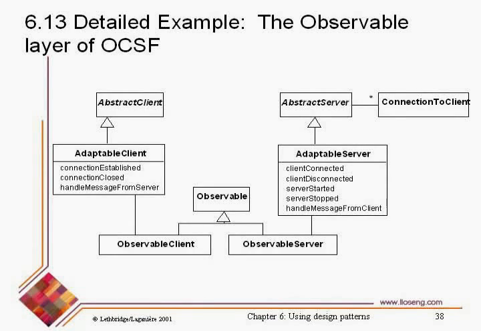So we have observable, and we have observable client, a subclass. Observable client is also going to implement a lot of the stuff and is going to delegate some of the stuff to adaptable client.